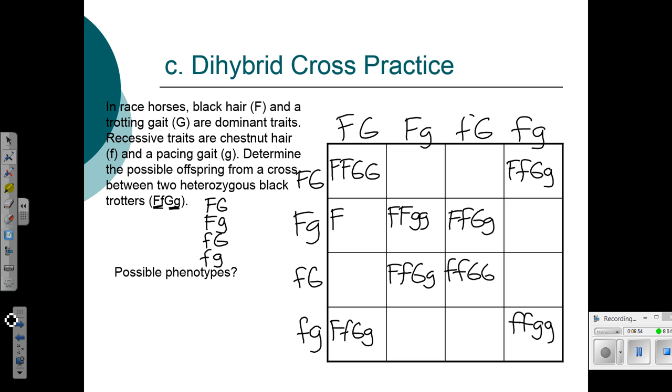So this one in this square is actually the same as this one in that square. Okay, I'll do a little symbol so you can see which ones are the same. Okay, this one right here is the same as this one up here.